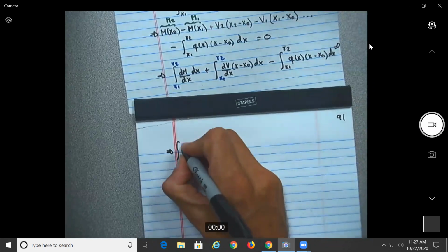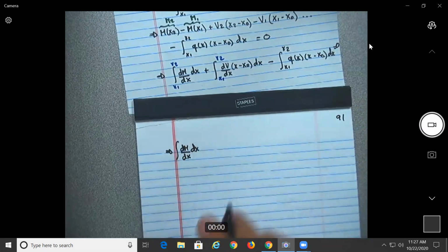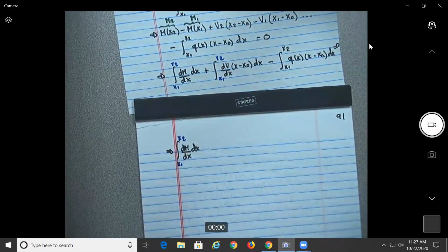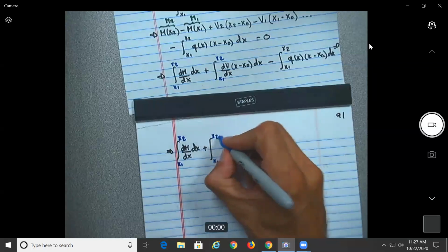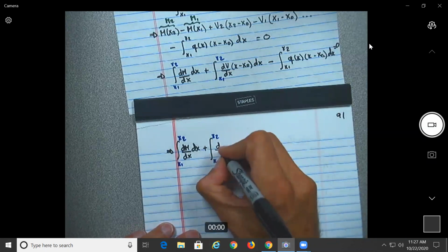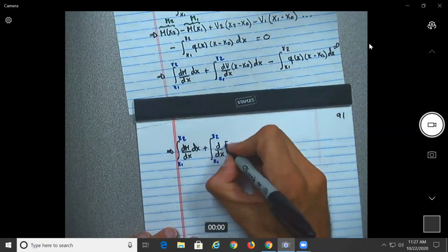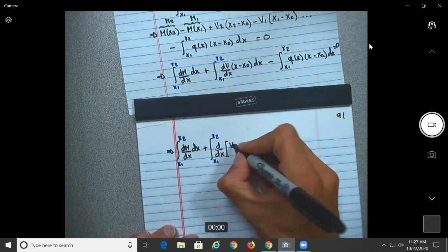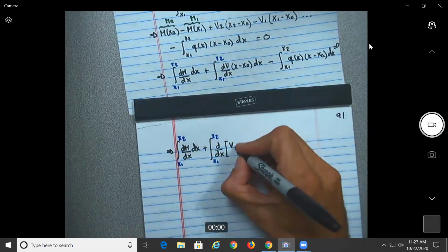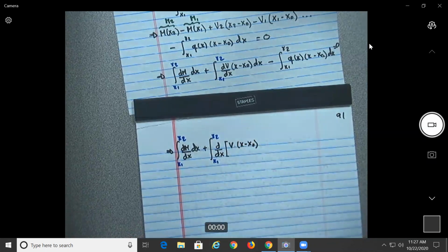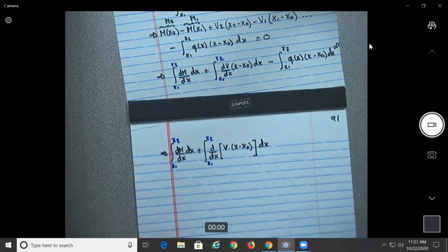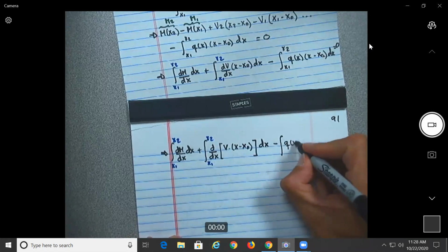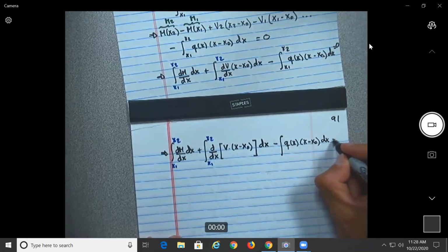So we're going to have dM/dx between x1 and x2, plus, this is the term I'm going to write a bit differently, the integral from x1 to x2, because that's the way I should have written before, of d/dx of V times x minus x0, and this should be now dx, minus the integral of q of x times x minus x0 dx equals 0.